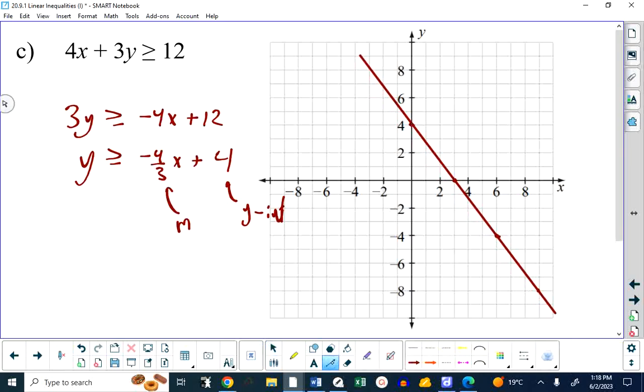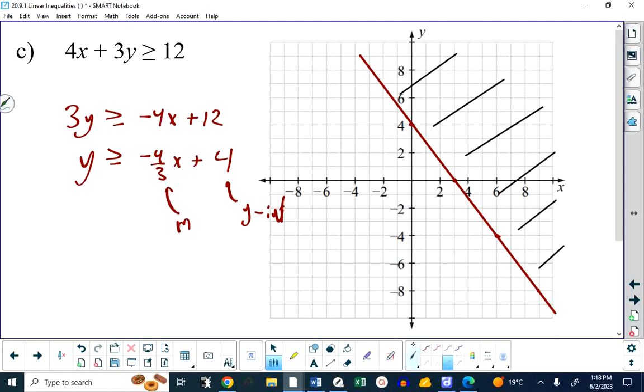So, just to let you know, I would never ask you on an exam or an assignment to explain why we're shading there. So I guess you could flip a coin. If you wanted to, you could try this test point. And I put 0 in for x and y. I get 0 is greater than or equal to 12, which is wrong. It's false, which means that point I've chosen is not a part of the solution region, which means we shade the other part. We okay there?